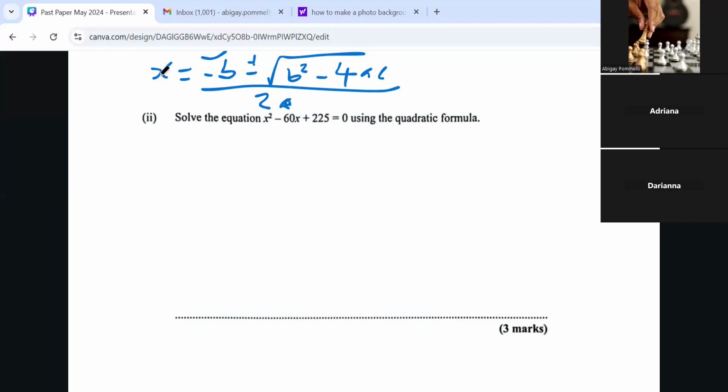But for your convenience, if you don't remember, you can go straight to the first page, the formula page, and you can find it right there. CSEC makes it so easy for you. So if you don't remember it by heart, you have it in the list of formulae.